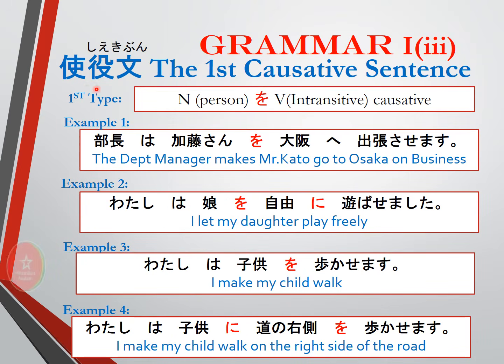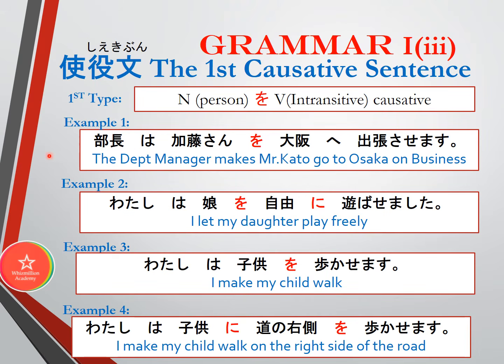We look at the first type of sentence. Example 1: The department manager makes Mr. Kato go to Osaka on business. 部長は加藤さんを大阪へ出張させます. First step, we look at the verb 出張させます. 出張します is an intransitive verb, so this is the first type, and the particle attached to the person receiving this instruction is を.